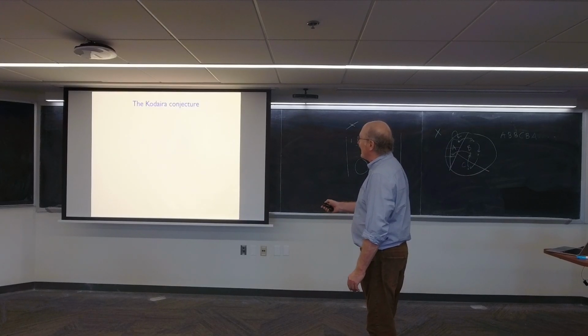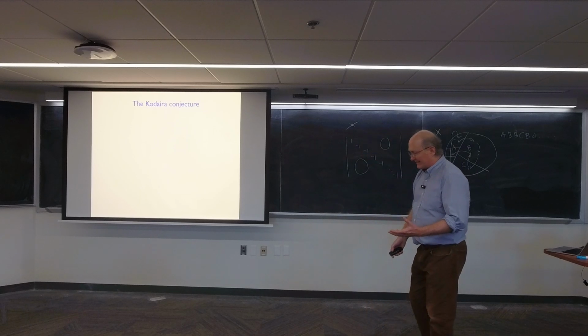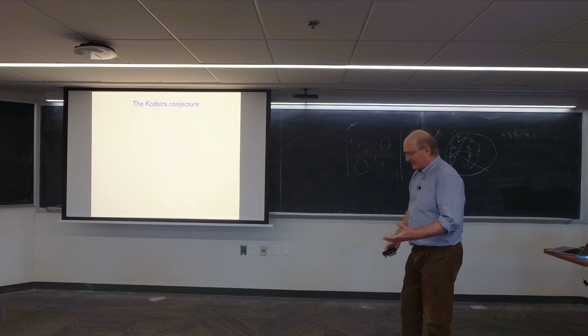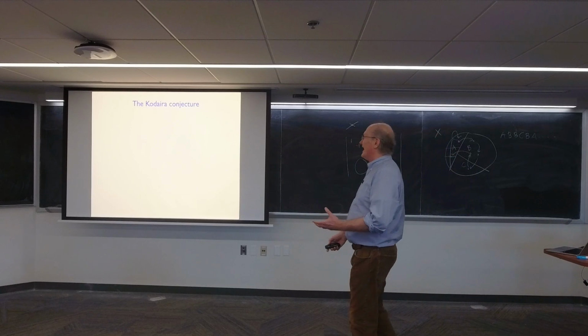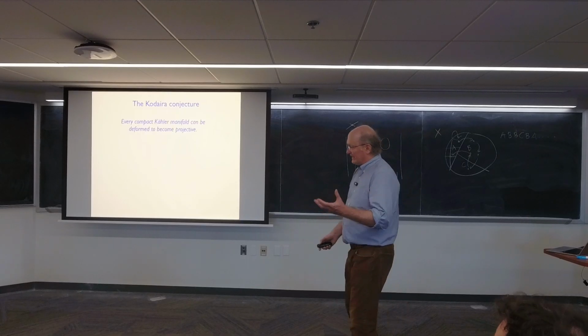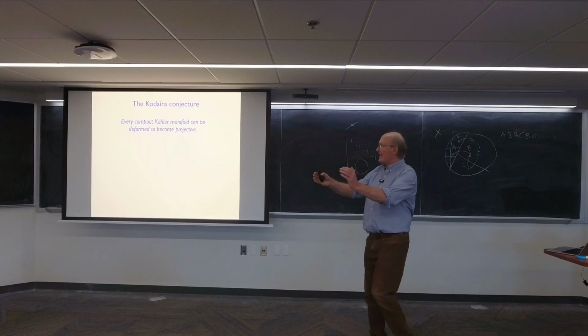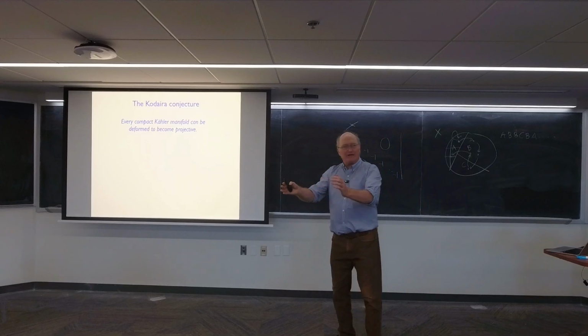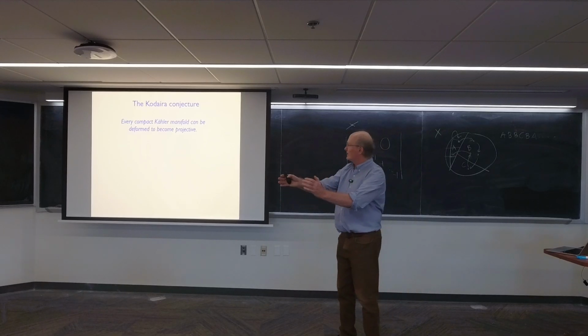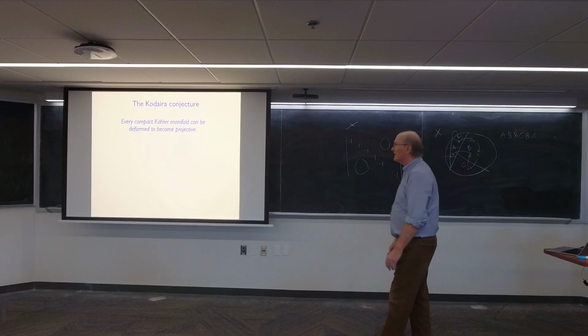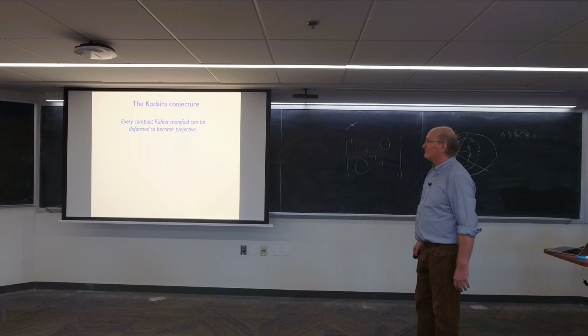First, I want to point out that one can think of this fact that this example was not Kähler as a positive rather than a negative. There was a famous conjecture of Kodaira, which said that if you have a compact Kähler manifold, then you can deform it, continuously change its complex structure, until it becomes a projective variety.